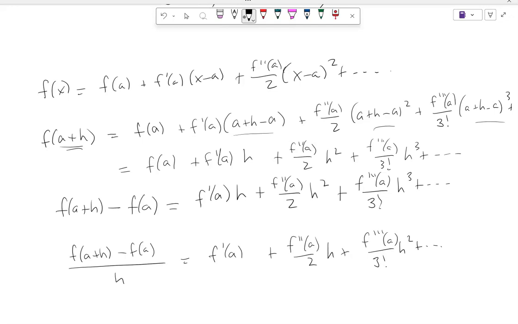It'll divide out the h on all those other pieces. Look at the part that I put a box around. That's one of our approximations for the derivative, right? We agree with that?